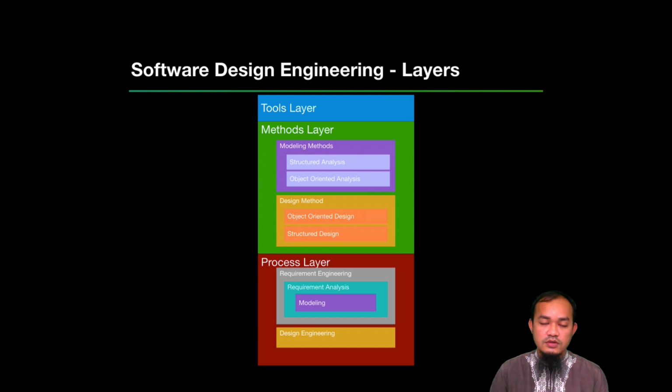Structured design is the old, traditional way of design, but right now much of the tutorials, books or resources focus on object oriented design, and we are also focusing on object oriented design in this class.